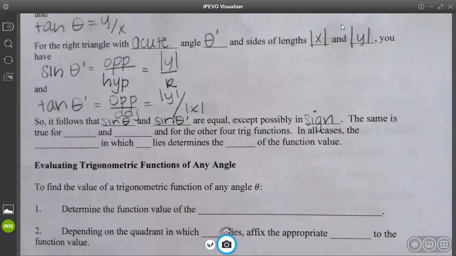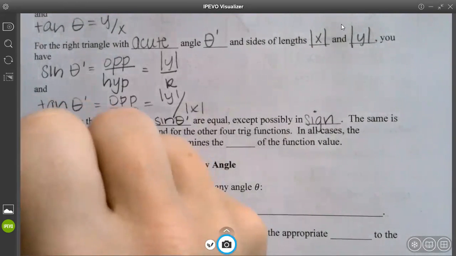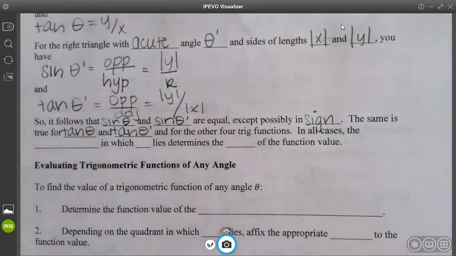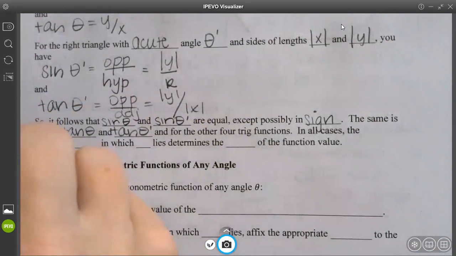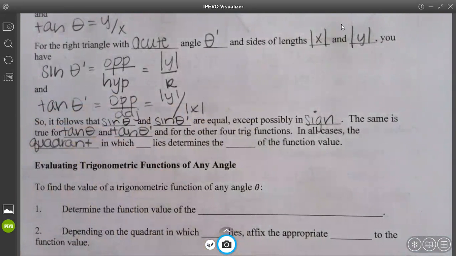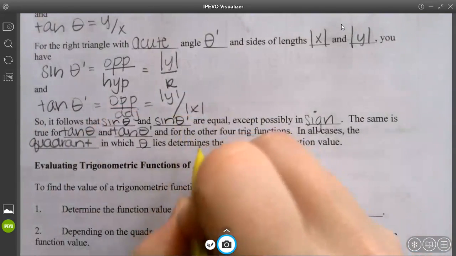I know that sounds crazy. What that means is one might be positive, one might be negative, but they have the same value. They would have like 3/4 and 4/5, but they might be different signs. The same is true for tan theta and tan theta prime, and for the other 4 trig functions. In all cases, the quadrant in which theta lies determines the sign of the function value.